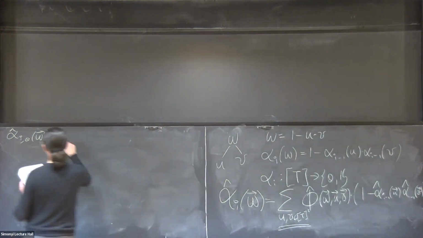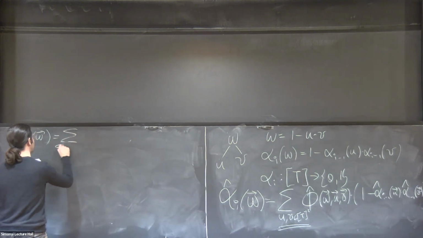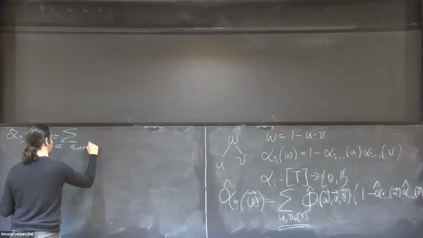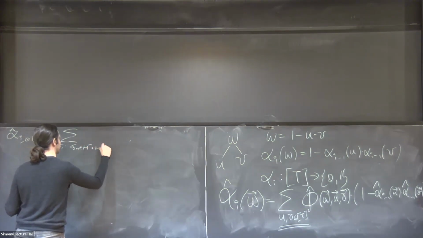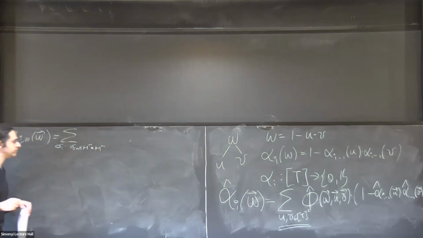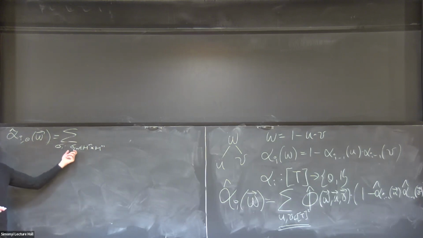Okay. I want to write it like this. It takes sigma 1 up to sigma 2m in H to the M times H to the M. I'm really thinking of this as two sets, each of M symbols in H.